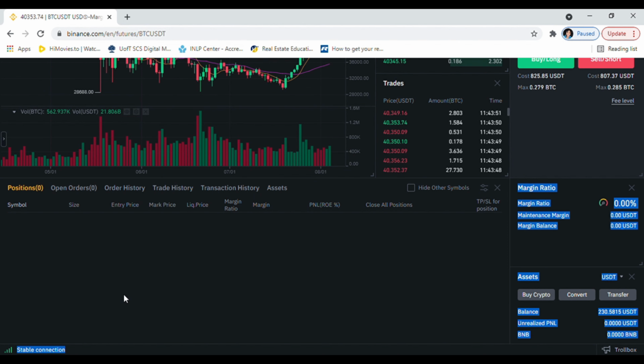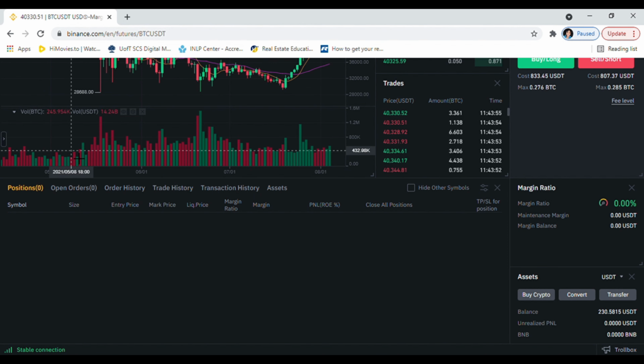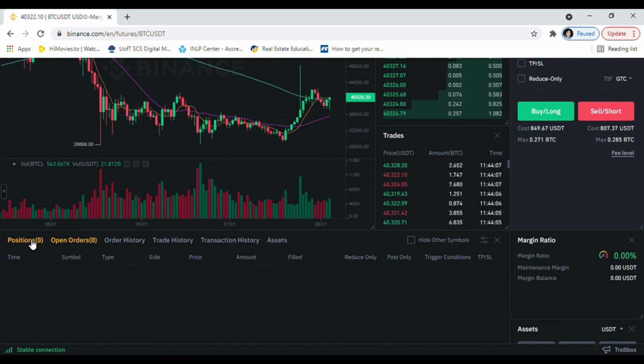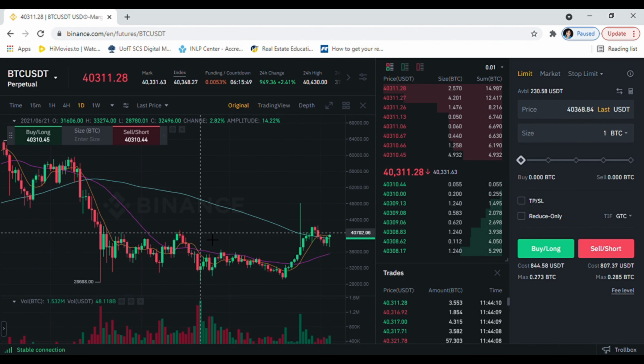It will come down to this area here, where it shows open orders. It's going to be placed in open orders. It will only enter the market once the price of the currency has reached that price.